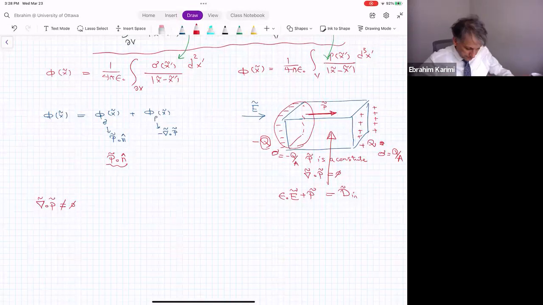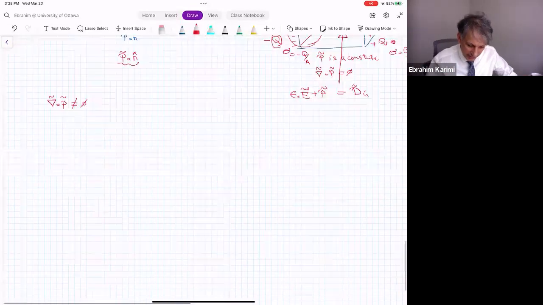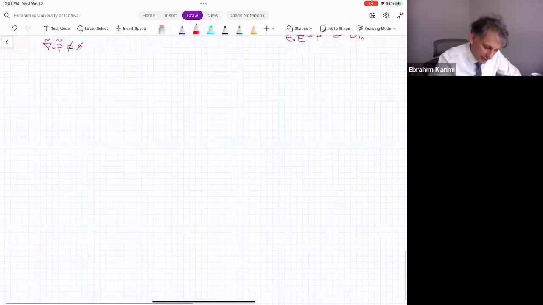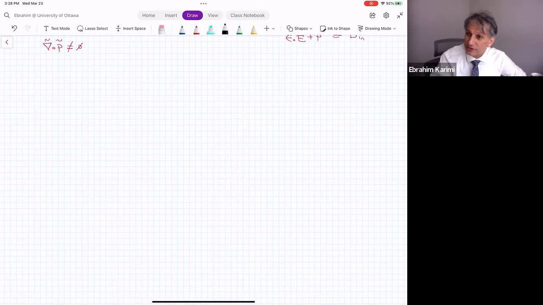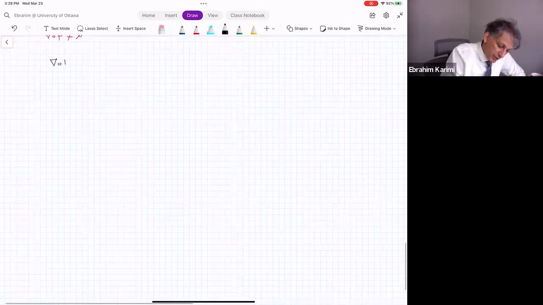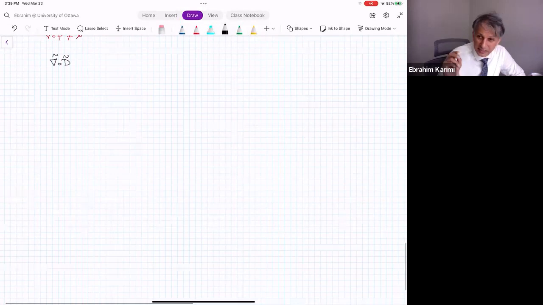So now with this, I will revise the boundary conditions that we had, and we will solve the problem for a couple of boundary conditions. First of all, here we deal with the electric displacement vector, which is D, whose divergence is given by rho.